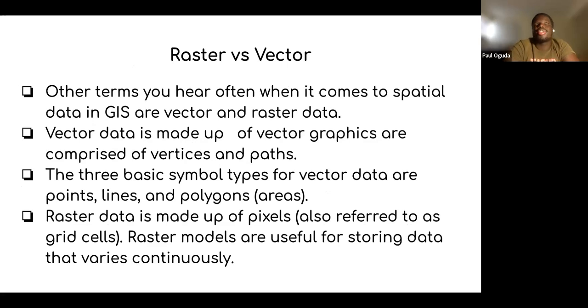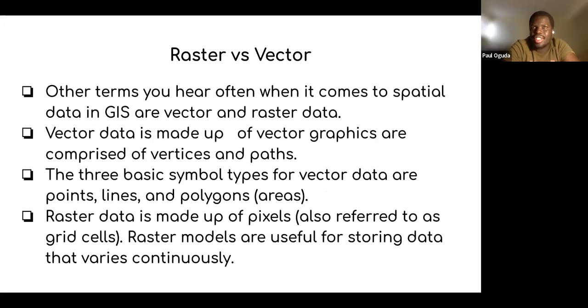Another thing to consider in GIS is raster versus vector. If you look at GIS, especially the older proprietary applications, something like ArcGIS, QGIS, and other GIS-based applications, you'll find the use of raster versus vector.